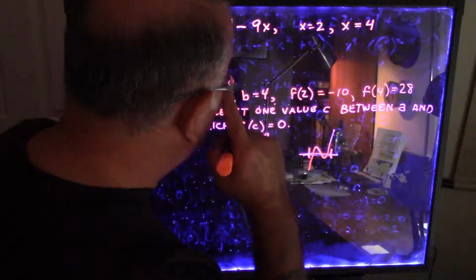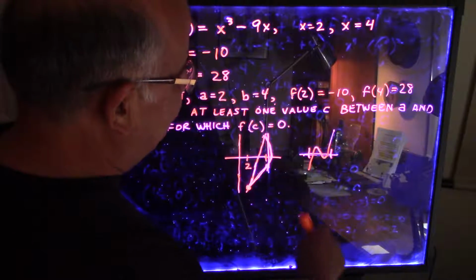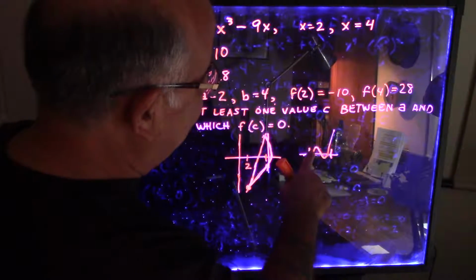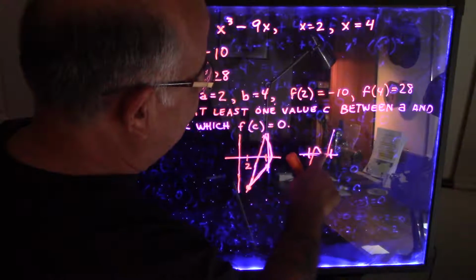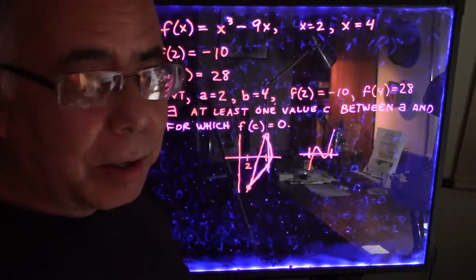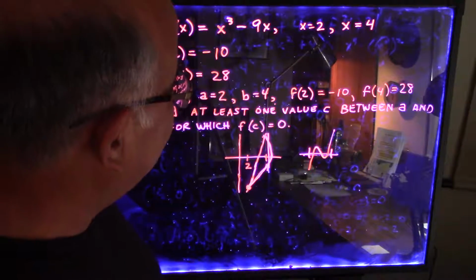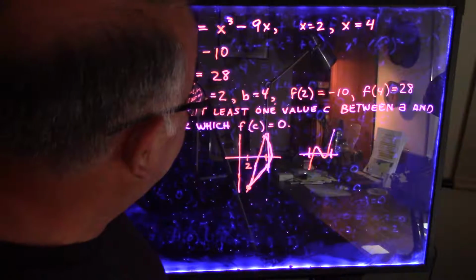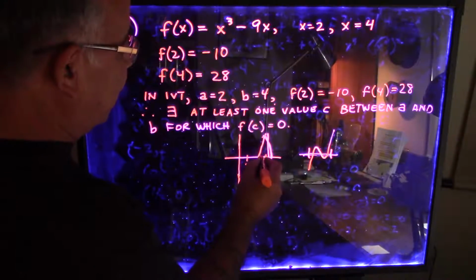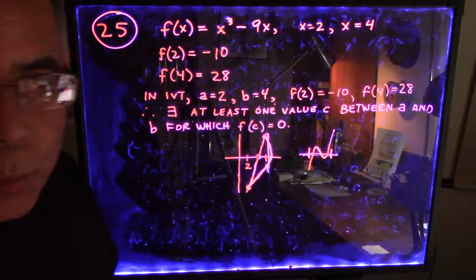We could find out pretty easily, but what I'm saying is the IVT doesn't guarantee against this happening. It just tells us that it will cross the x-axis at least one time, and there's where you're going to have your 0, right there, wherever that c is.